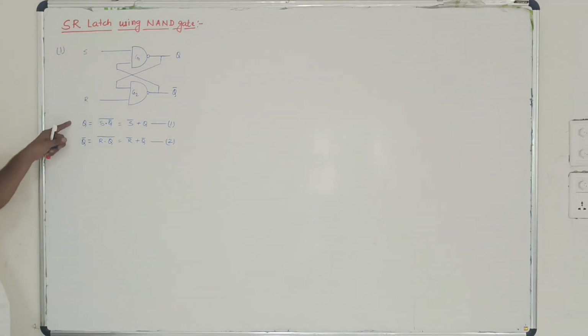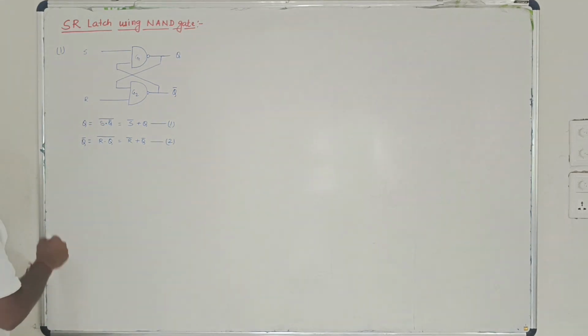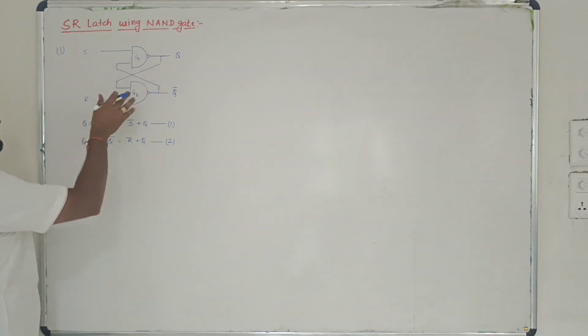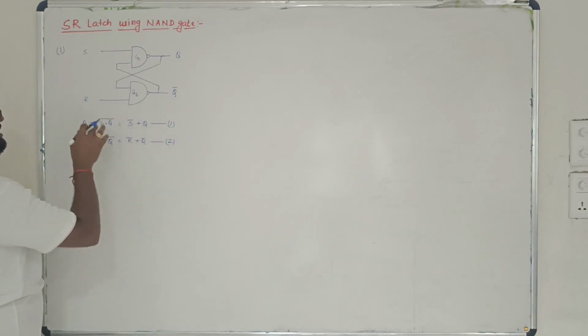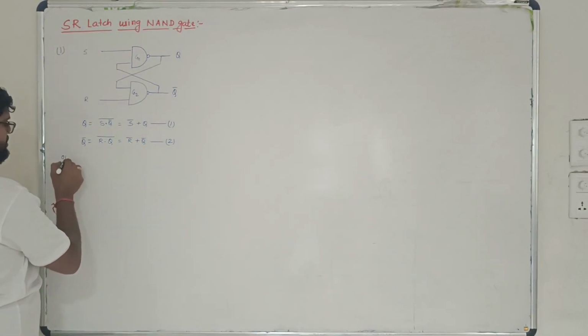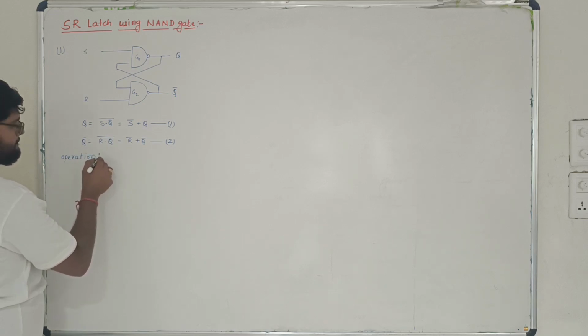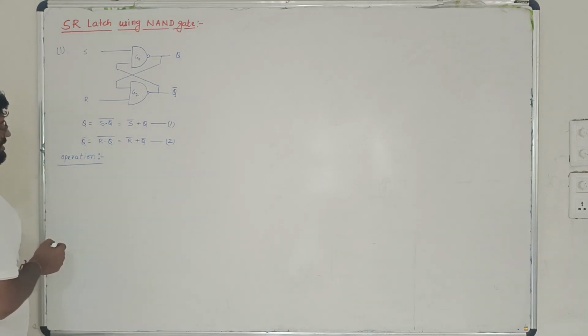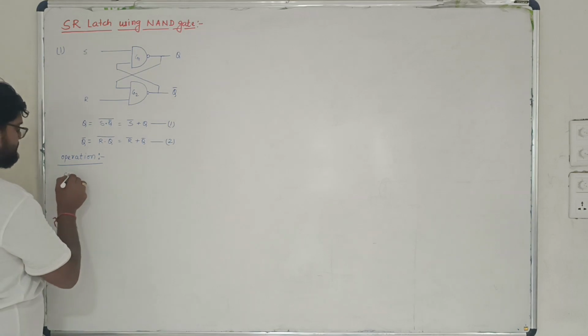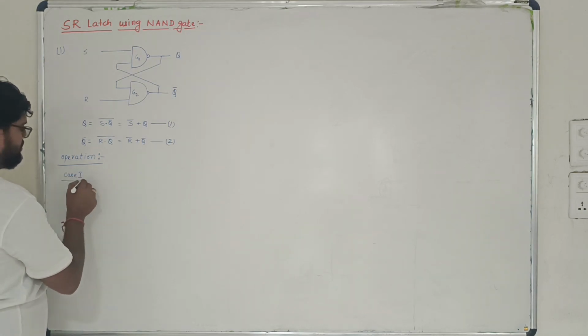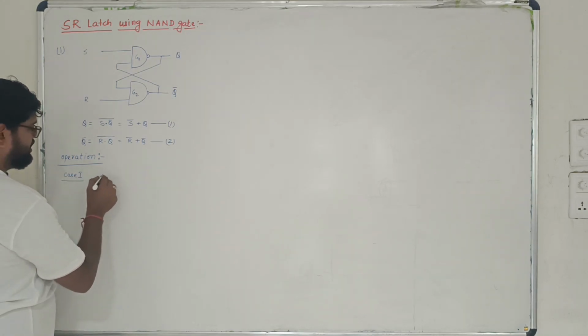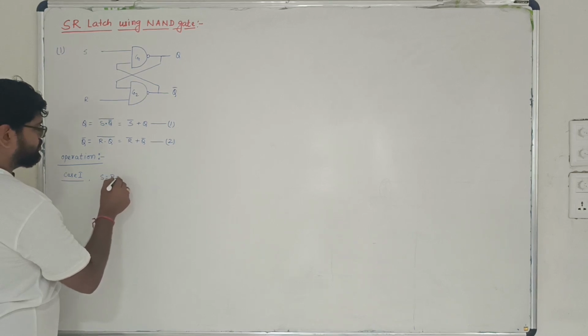Now once we have both expressions for Q and Q bar, we'll learn about the operation considering all the cases. We'll start with the first condition, that is case 1. Case 1 is S equals R equals 0.